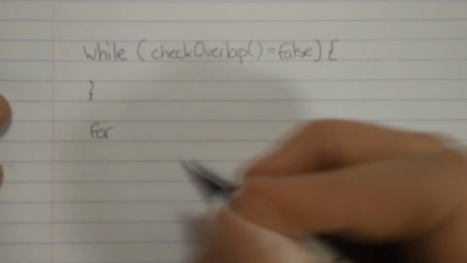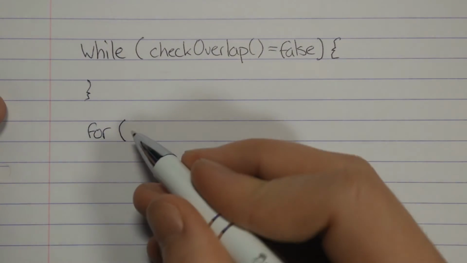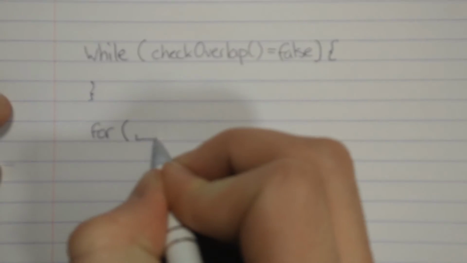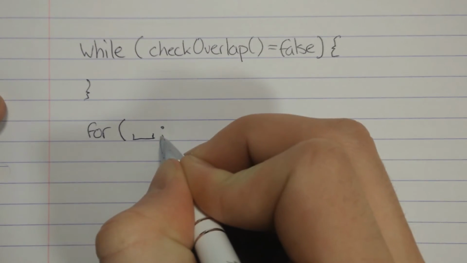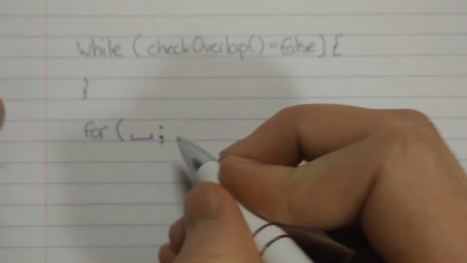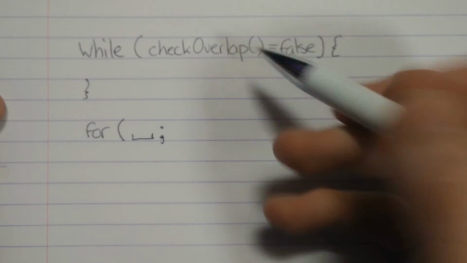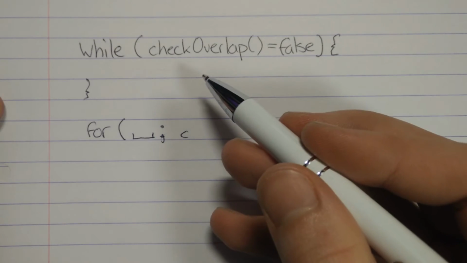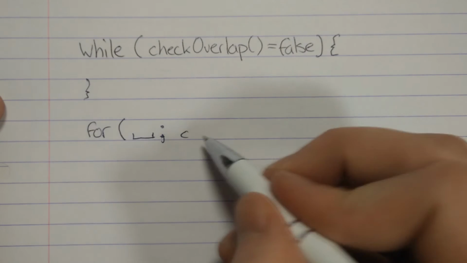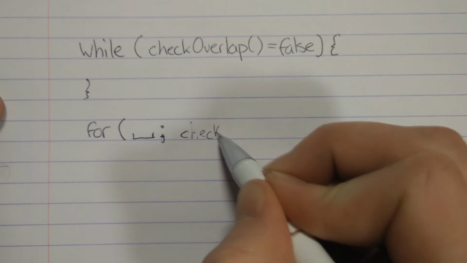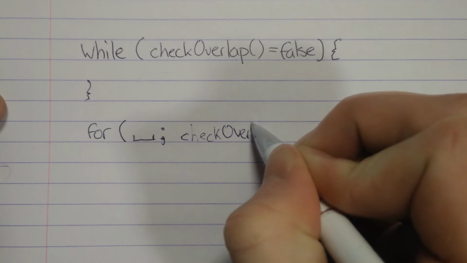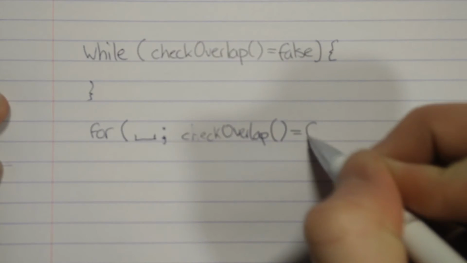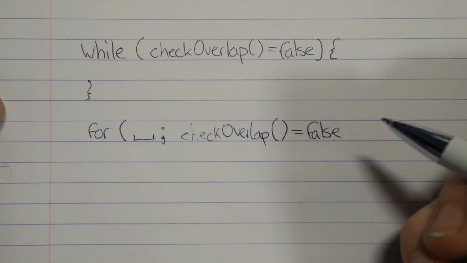So if you want to do a for loop, we don't need to initialise a variable because we're going to use the check overlap method. We're not going to do any counting, so just leave a space there and then a semicolon. In the condition, we obviously have the same as up here: check overlap equals false, so if it's false it's going to continue with the loop.